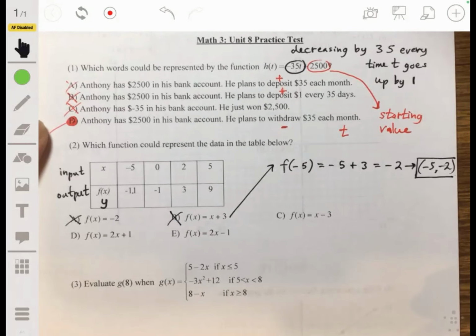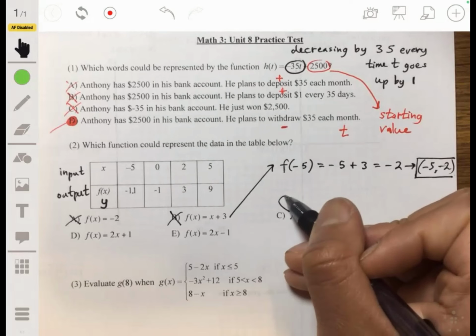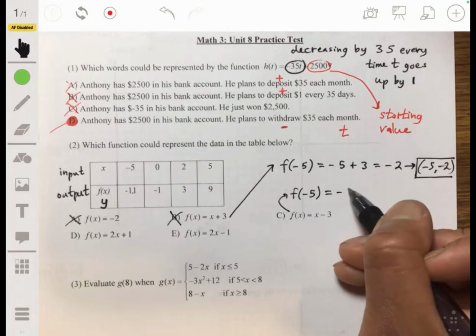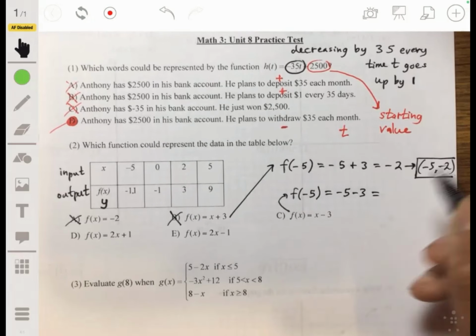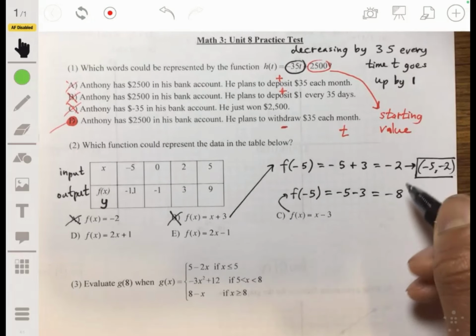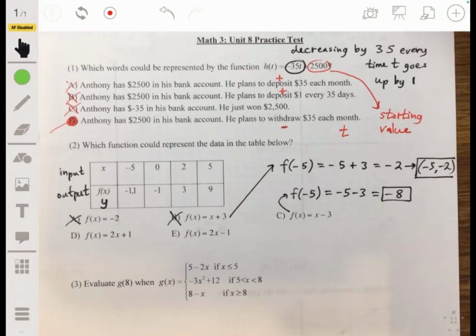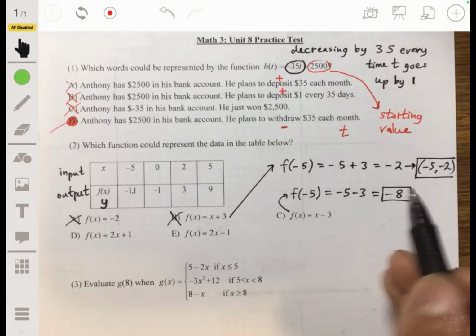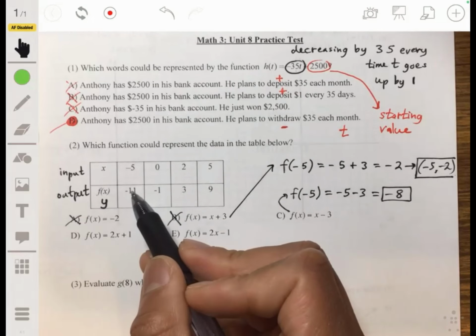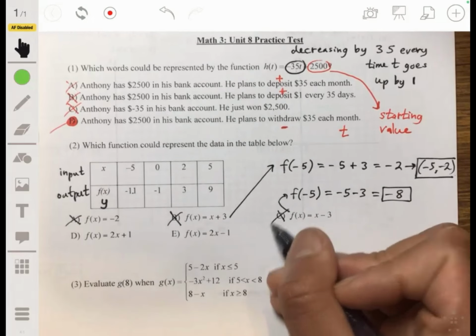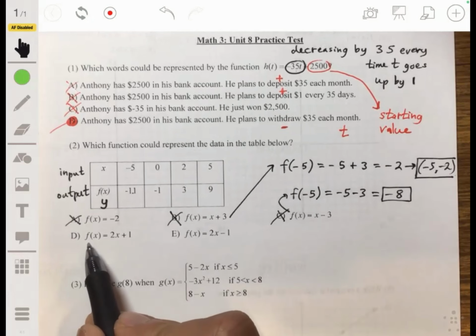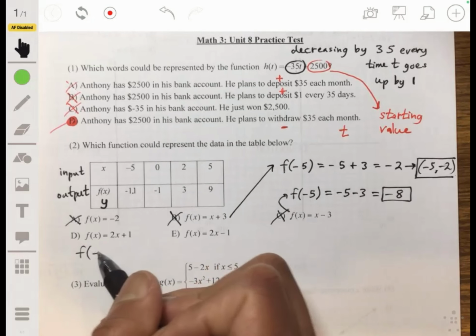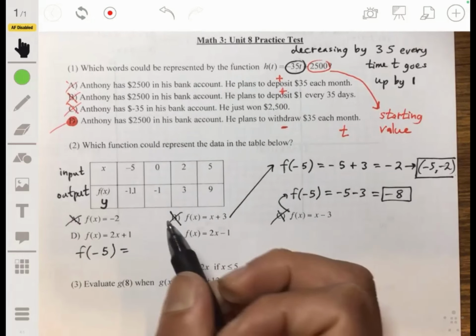Problem C, we plug in -5, f of -5. We'll get -5 minus 3, which is -8. So we have -5 for x, -8 for y, and that's still not our answer because we're supposed to get -11, so it's not going to be C. Problem D, let's see, f of -5.